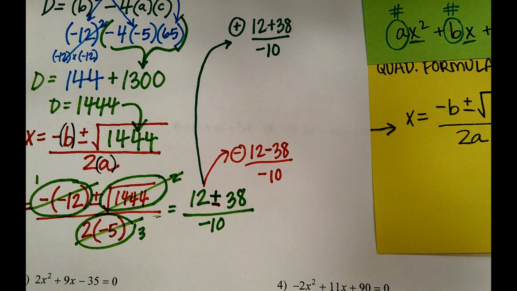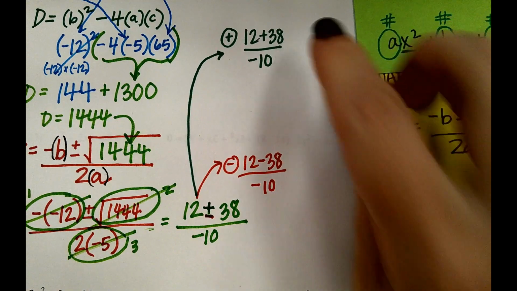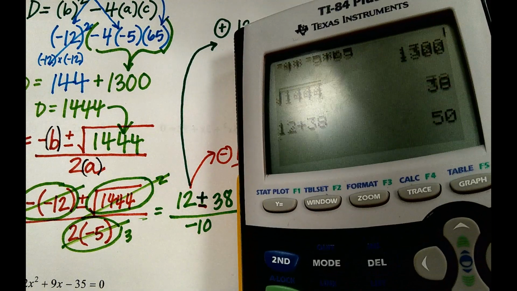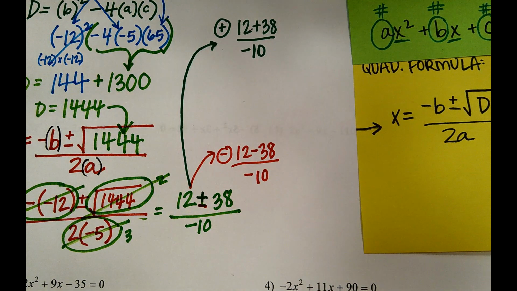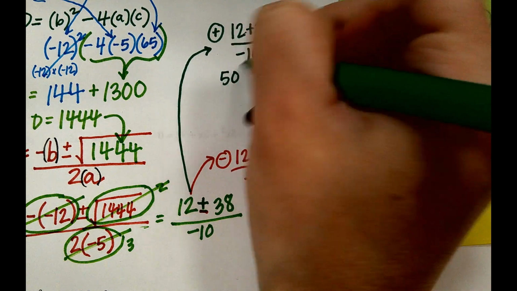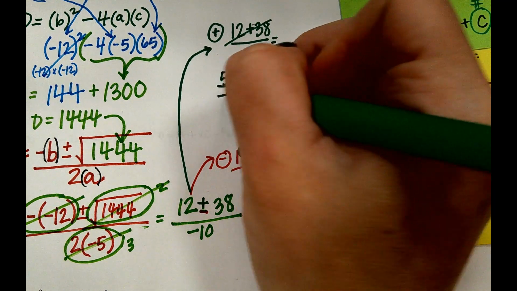Okay. So let's do our plus first. 12 plus 38, 50. So equals 50 over -10.